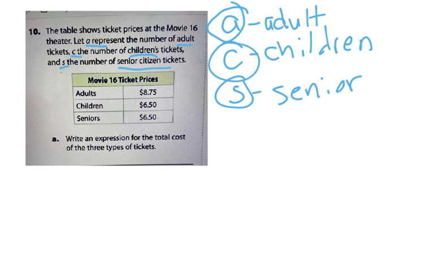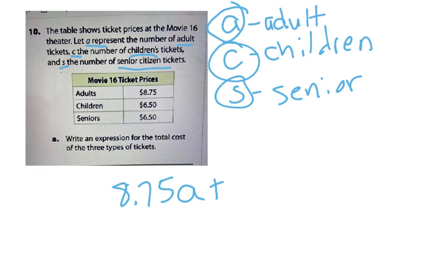So what I'm going to do is take the price of the adult ticket, which is $8.75, and I would multiply that by A. So it would be $8.75 times A would give me the total cost for the adult tickets. So for example, if we had bought 10 adult tickets, it would be $8.75 times 10, okay?